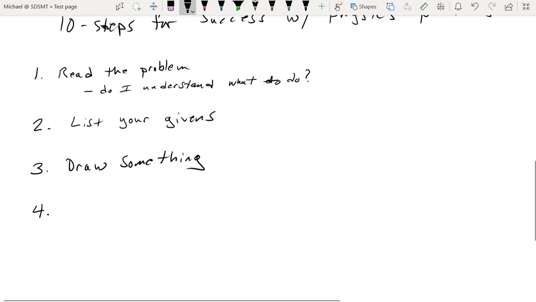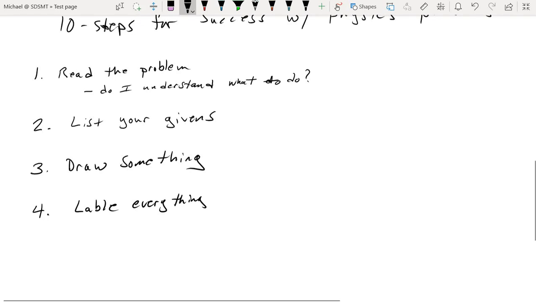Step 4. Once you have something drawn in your system and you have all of your givens listed, take a moment and label everything inside that picture.